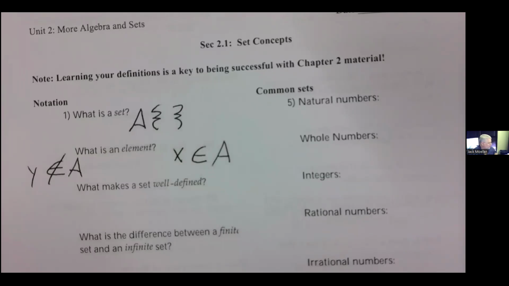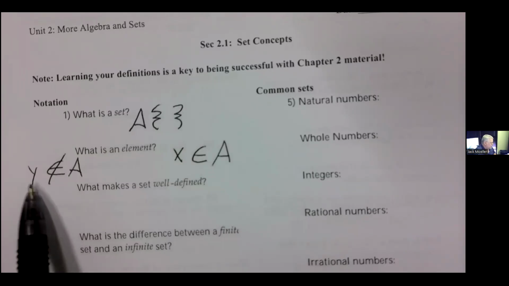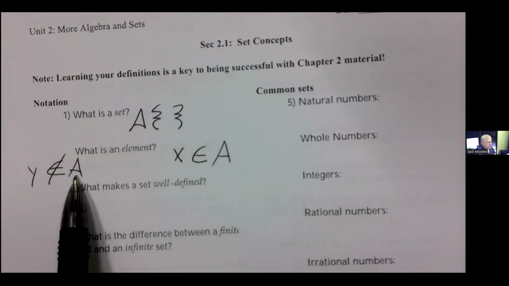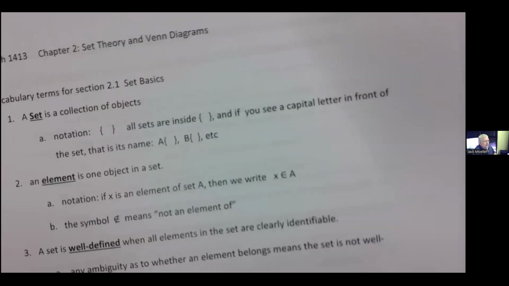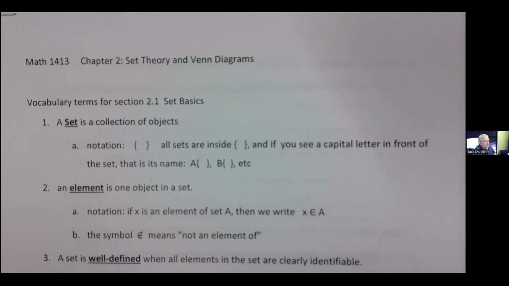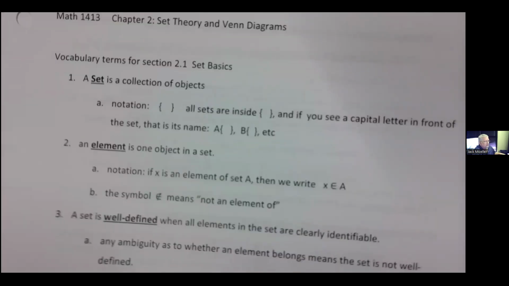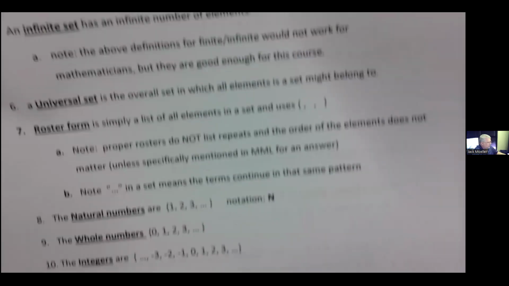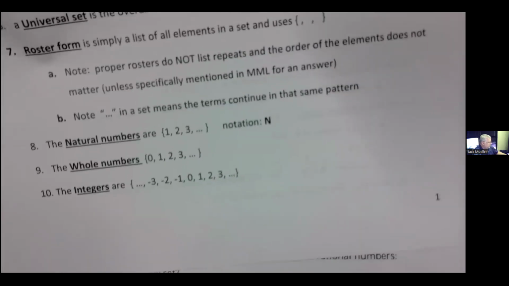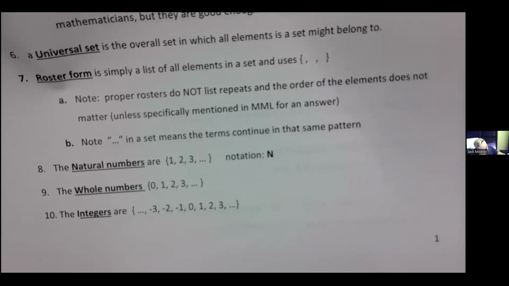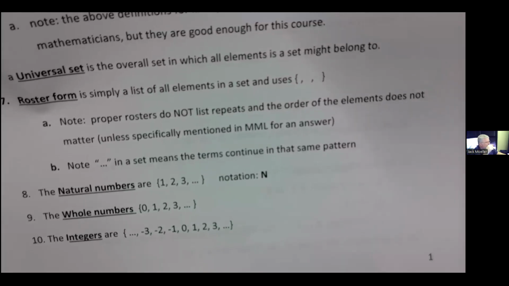April is not a day of the week, so April would not be in the set A. And just as a reminder, on that handout for the definitions, I have all of these definitions written out for you all in one place, so if you're trying to go back and hunt for them, they're all in that one document.